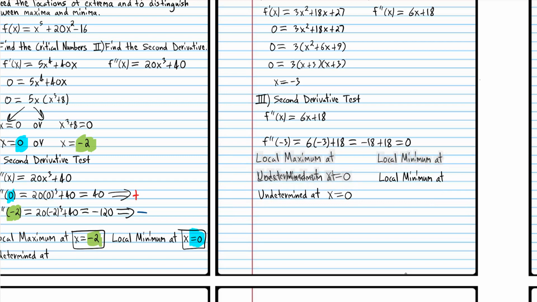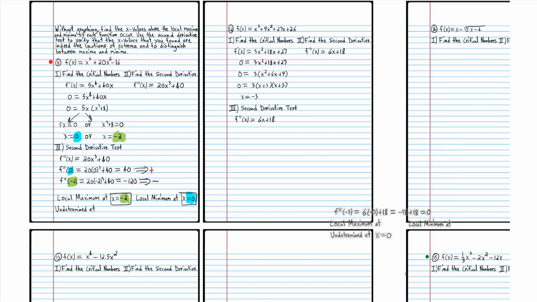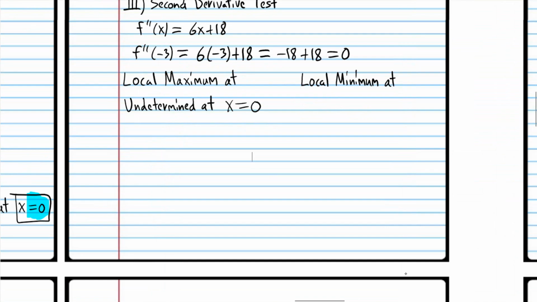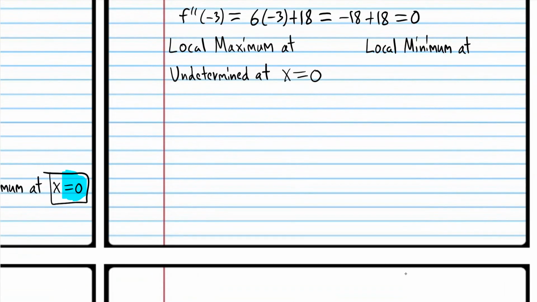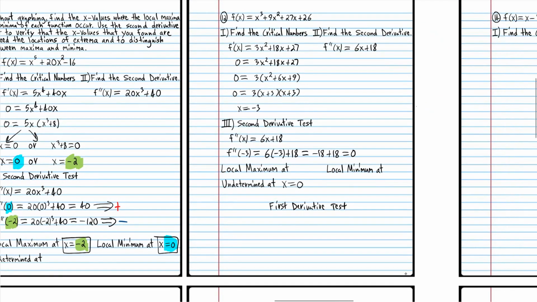So remember, the first derivative test is just testing or checking the sign of the derivative around the critical number. So let's use the first derivative test. And in order to do that, we have to use the first derivative, of course.